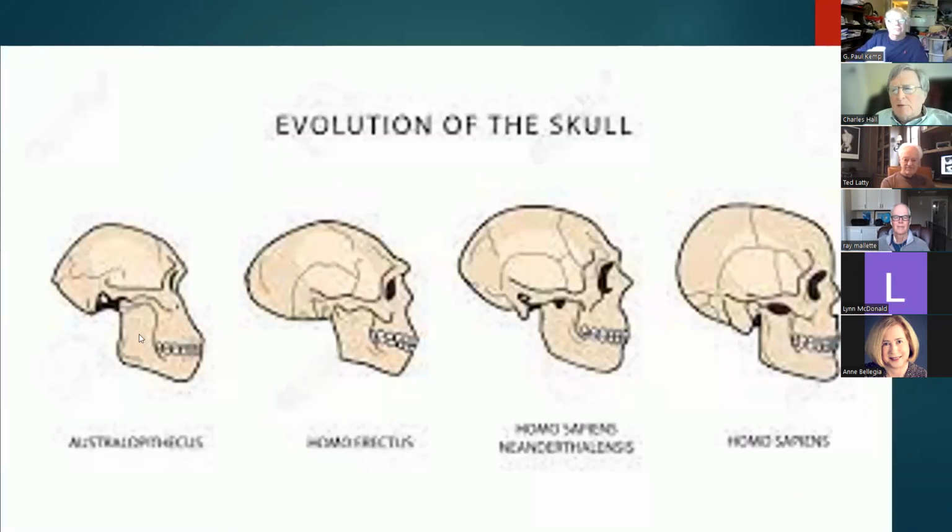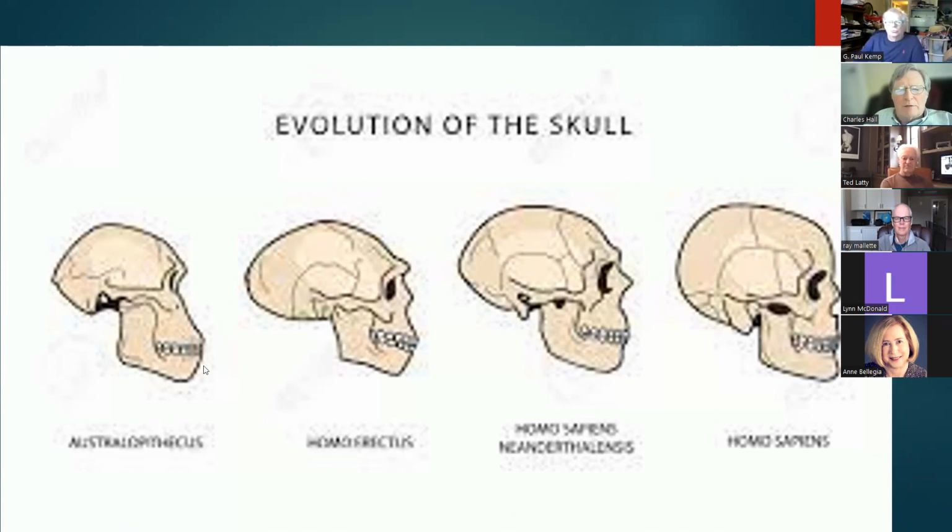And so basically, what's happened from Australopithecus to Homo erectus to Homo neanderthalis, which is an offshoot to ourselves, as you can see, the cranial capacity, that's this, became larger and larger and larger. The face became flatter.